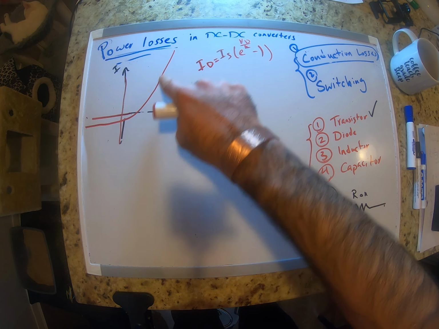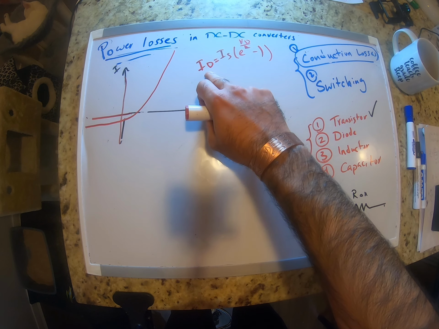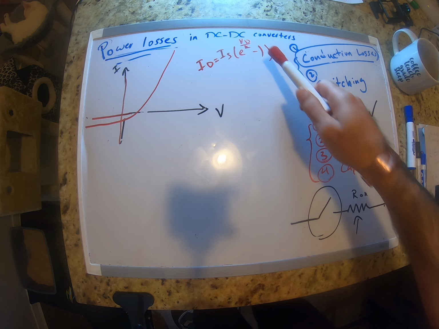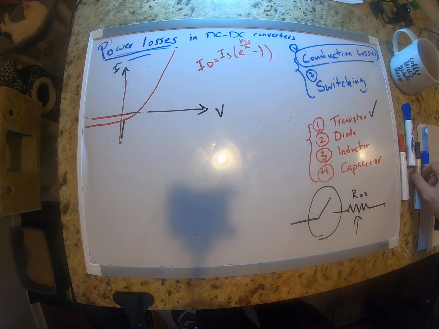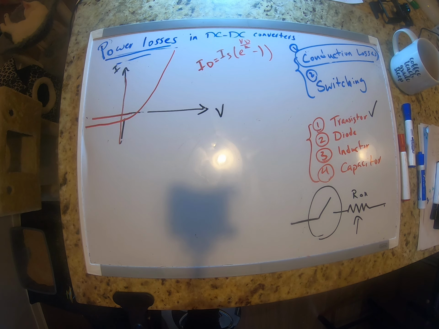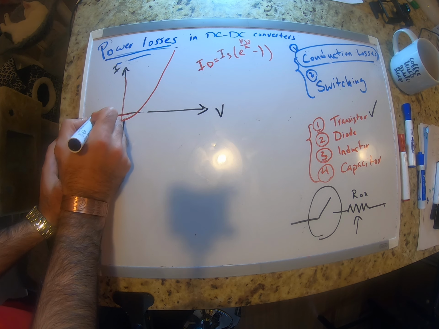This is how the current of the diode changes with the voltage. We don't want to deal with this exponential term, so when we model this, we model it like this.